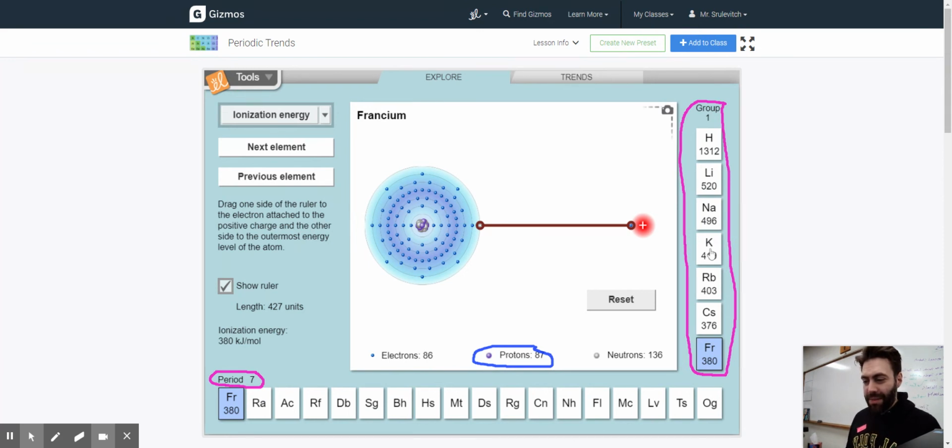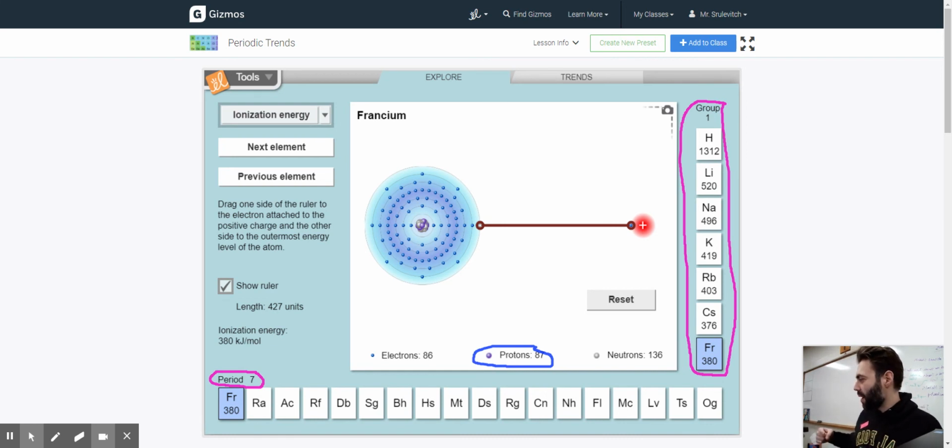So it wants to give up that electron so badly that it ignites the hydrogen gas that's escaping. Okay, so the trend you're seeing with ionization energy is that as you go down a group, the energy is decreasing.